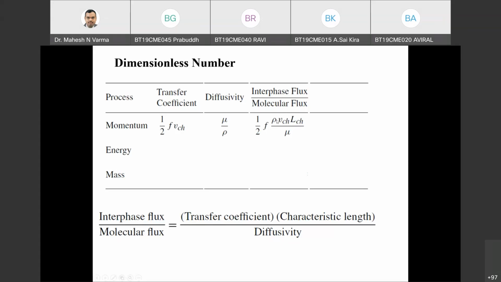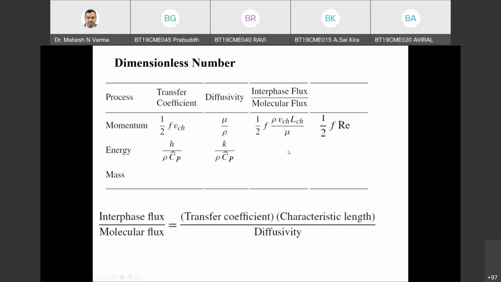So what is the physical interpretation of the Reynolds number? It is the ratio of total flux at the interface divided by molecular flux, along with friction factor and some constants. So it will represent the interface flux divided by molecular flux, and this will be half into the Reynolds number.